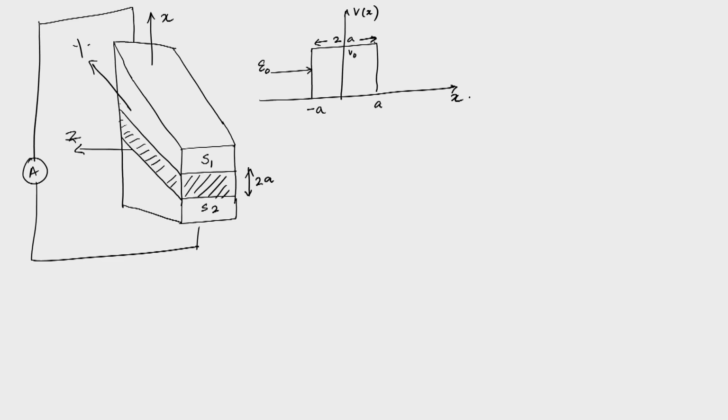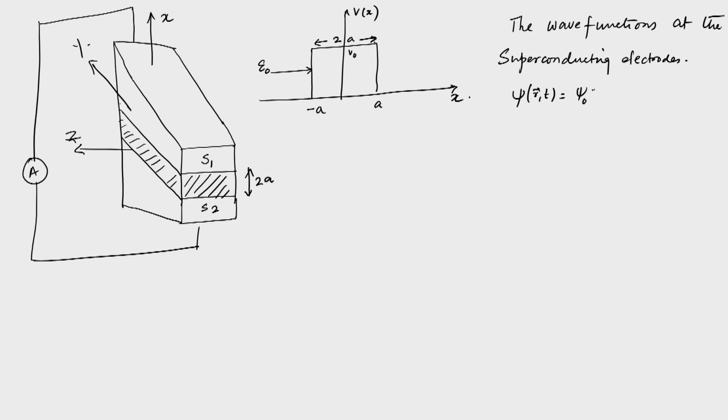So, the wave function at the superconducting electrodes is psi of r, t, which is equal to a psi naught of r, which is the amplitude, times the phase, which we have discussed goes as V t by h cross, where theta of t or phi of t, rather we were writing it as phi.